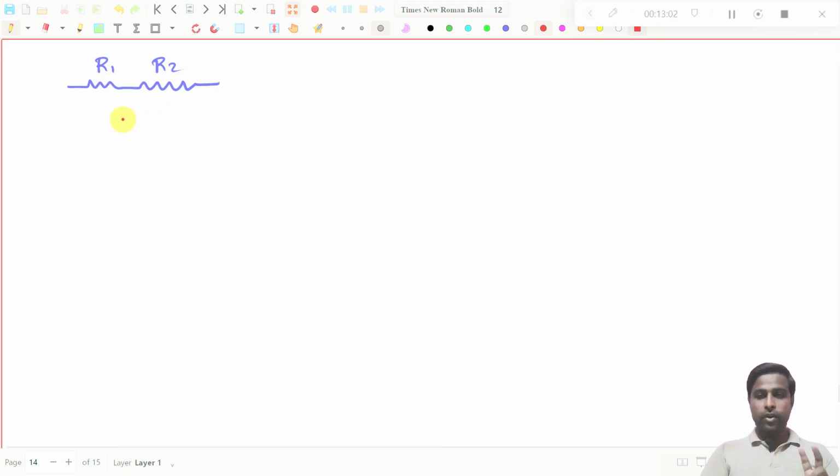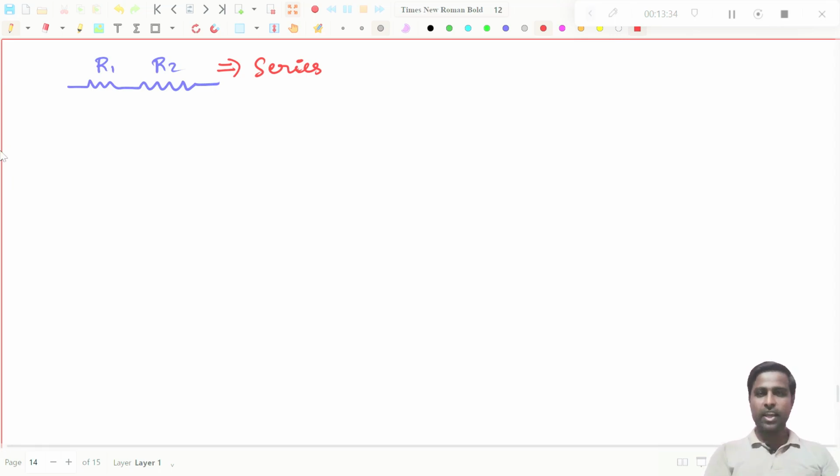If two resistors are connected only by one end, which means R1 is connected with R2 at this end, and the other two ends are connected somewhere else, we don't know where, then obviously these connections are called series connections. In series connections, only one terminal of a resistor is connected with the other resistor's terminal. That you have to understand, right?